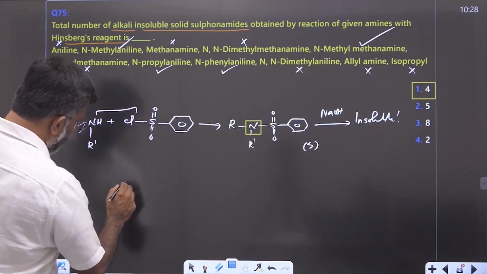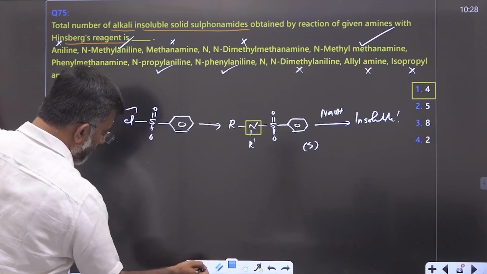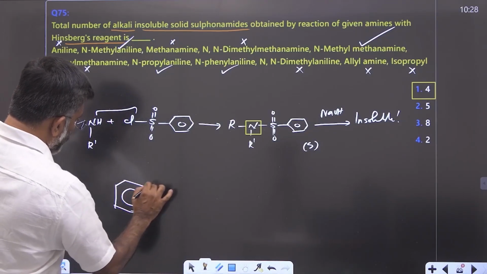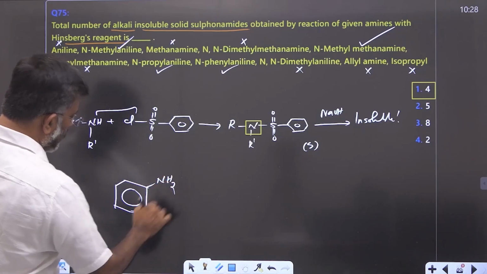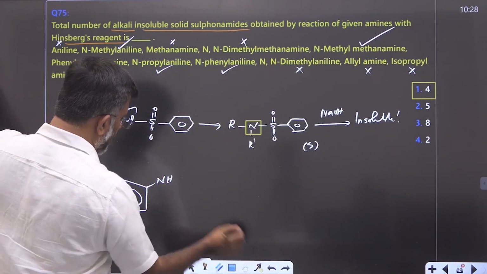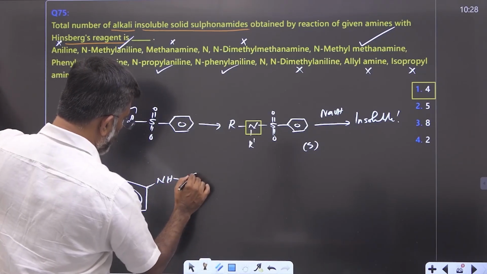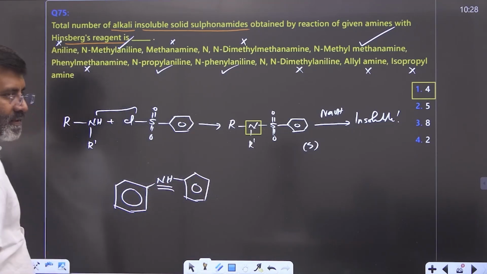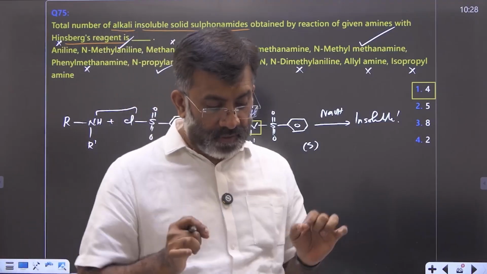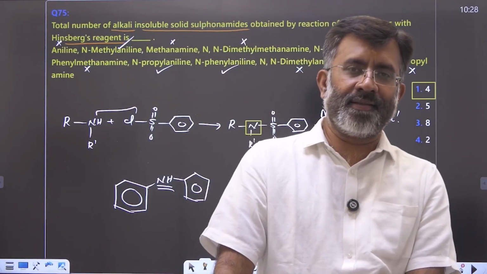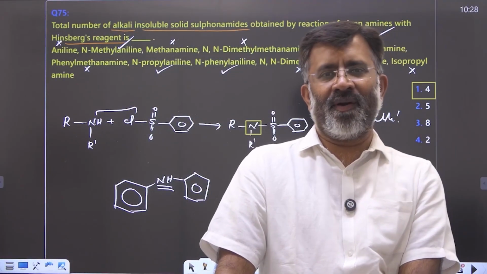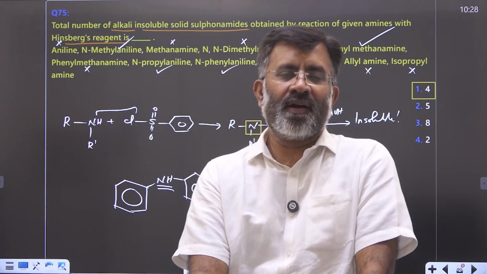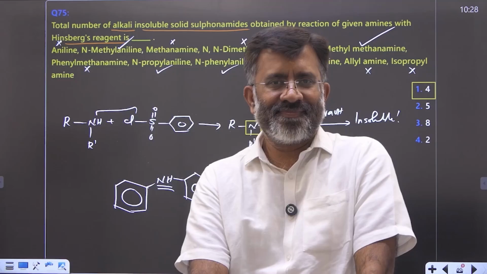If you look at the molecule, this is aniline, this is aniline, and this is N-phenyl aniline, and it's a secondary amine. Without drawing the structure, you can get what kind of molecule it is.